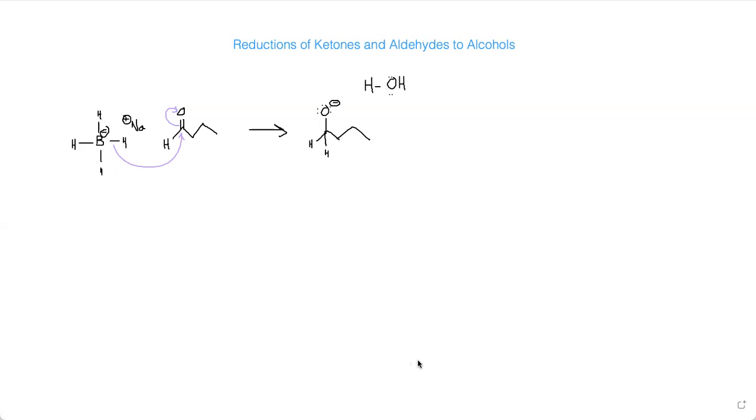So what's going to happen here is that our negatively charged oxygen, and this is going from the lone pairs, it's going to attack this hydrogen here, which is going to kick those electrons onto the oxygen. And we also, at this point, have BH3 in solution because we lost that hydrogen to our aldehyde.